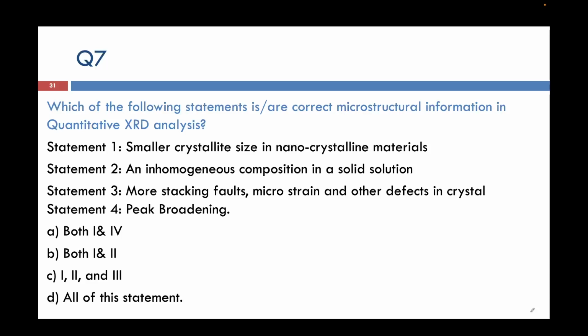Which information do we get when we do the quantitative analysis? Quantitative means all the size effect, all the strain effect, all the composition, the phase fraction, the volume fraction. Those are the information I am mentioning. So can anyone answer?